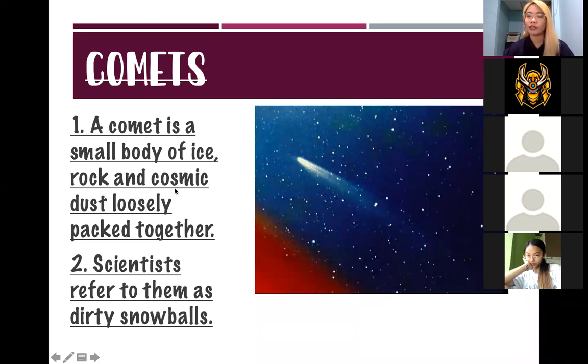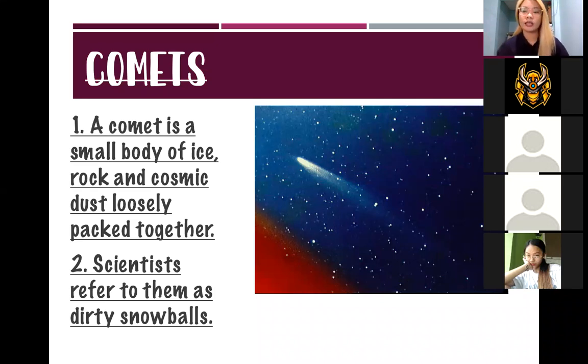One of the reasons is because of the material na bumubuo sa kanya. According to this definition, the materials that compose a comet are ice, rock, and dust. So para siyang pinagsama-sama, in the center there is a rock and then nabalutan siya ng ice at saka ng dust.